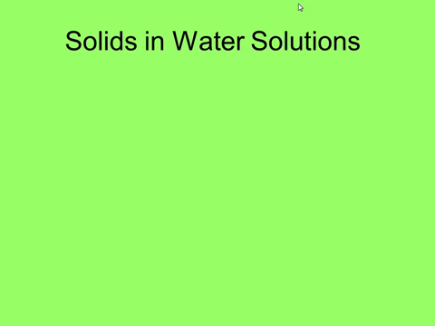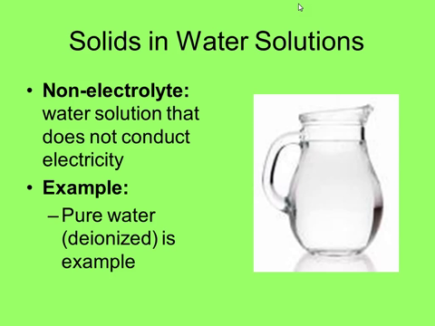Write faster, people. Once you're done, if you're talking, I take it to mean that you're done. Non-electrolytes, examples, pure water. Oh, yes, deionized water. Actually, that container over there, that's pure water. It's distilled water.